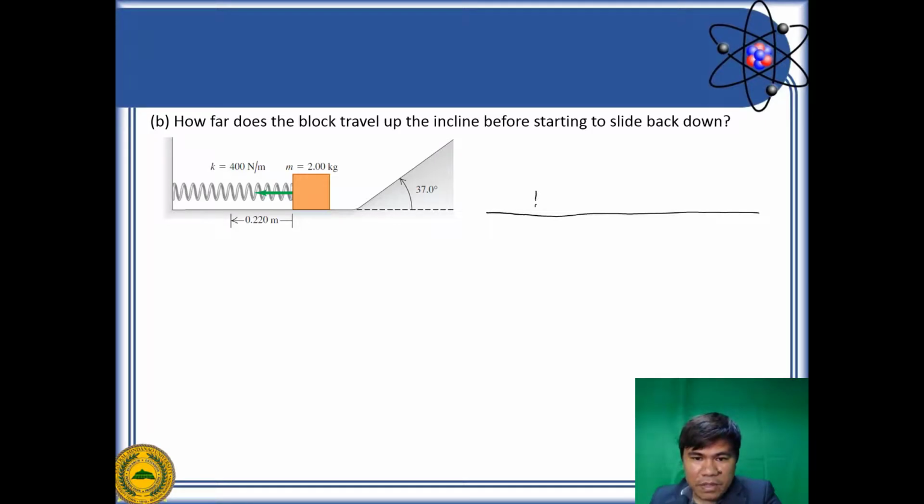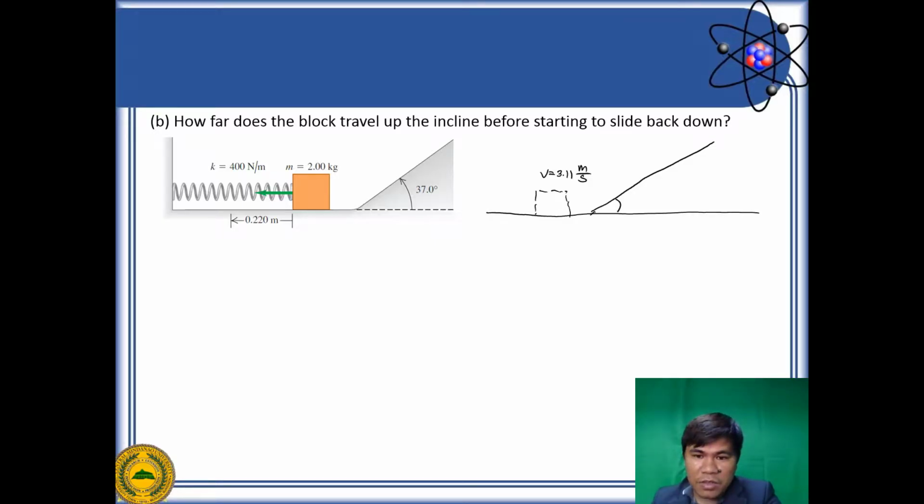The box now is traveling with the speed which is given by part A, and when it climbs up this incline, that speed is the same because the horizontal surface and the inclined surface are smooth, or the friction is negligible.